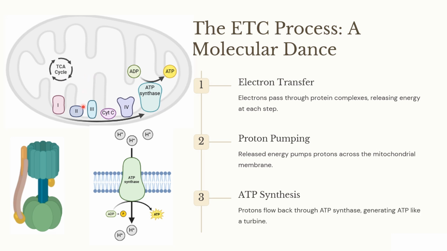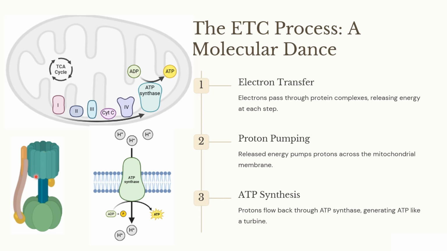Once the proton gradient is generated, with more protons in the intermembrane space, the protons will flow through this ATP synthase. So see, this is the ATP synthase, and the protons flow through the ATP synthase into this mitochondrial matrix. We have to imagine ATP synthase like a turbine.